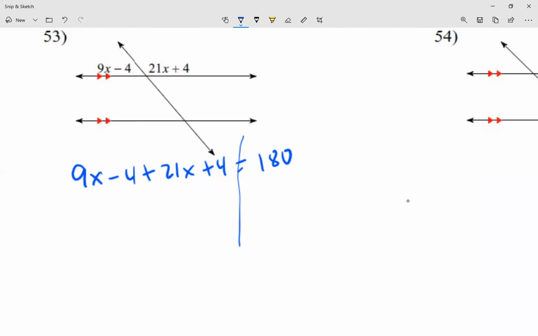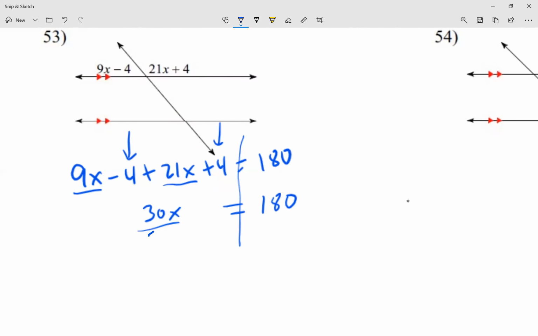When it comes to x, 9 plus 21 gives me 30x. Now, negative 4 plus 4, that's 0. So 30x is equal to 180. To get the x by itself, let's divide both sides by 30. So I get x is equal to 6.